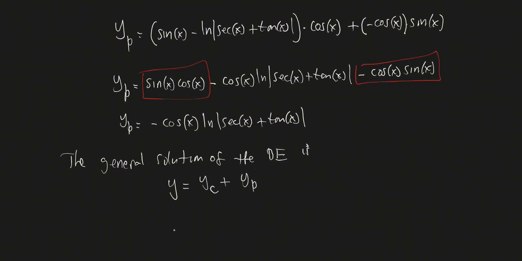Remember, y sub c is c1 cosine of x plus c2 sine of x, and then we add this term, but since it has a negative coefficient, I'm just going to write it as minus cosine of x times the natural log of the absolute value of secant x plus the tangent of x. And that's our solution. So that illustrates the variation of parameters method.